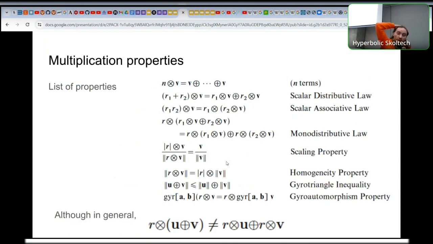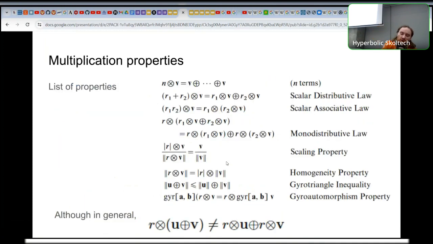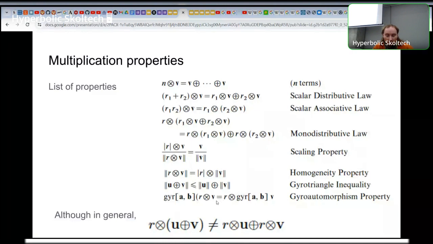Actually, for multiplication, here are some multiplication properties. Those Möbius analogs for matrices are not fully matrices, since we do have lots of properties from usual multiplication, like this. Also, gyrator is acting on multiplication somewhat nicely.